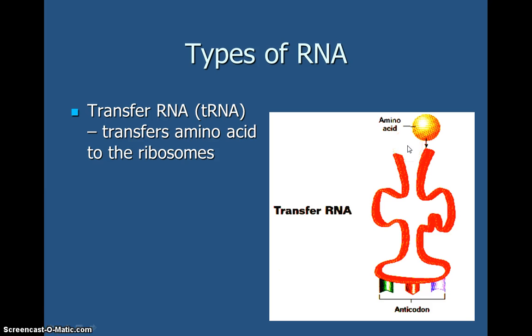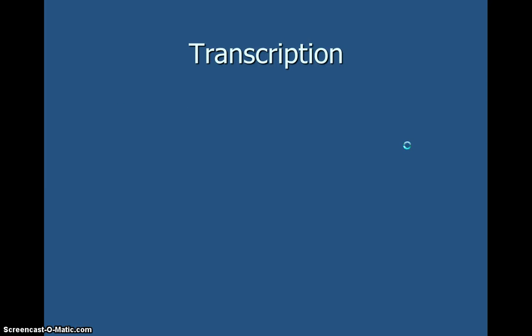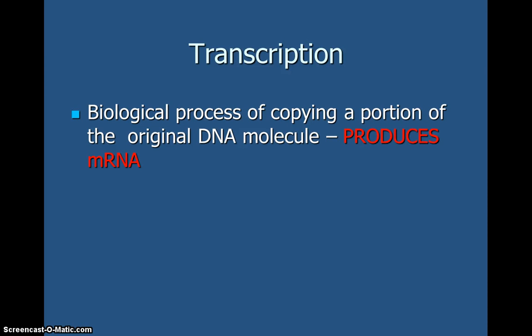So let's talk about transcription a little bit. Transcription is the biological process of copying a portion of the original DNA molecule, and it produces mRNA. So you need to know that transcription is going to make mRNA, or messenger RNA.